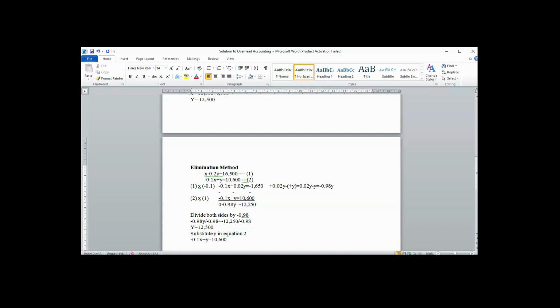What is our y now? Our y is 12,500, Abi. Now say that we have minus 0.1x plus 12,500 is equal to 10,600.